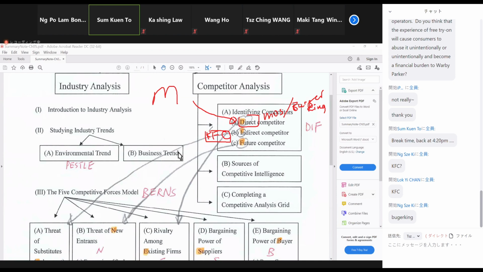KFC, Kentucky Fried Chicken, was based on fried chicken, but in recent years, they introduced a lot of chicken burgers to their menu. So it somehow moved from indirect to direct, because fried chicken is not equal to a burger, but similar. That's why it was indirect. And even worse, KFC tries to get more, apart from the fried chicken, different types of burgers, okay?